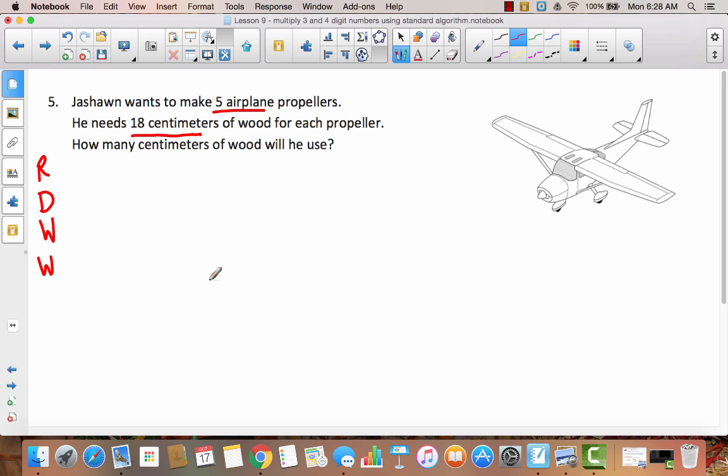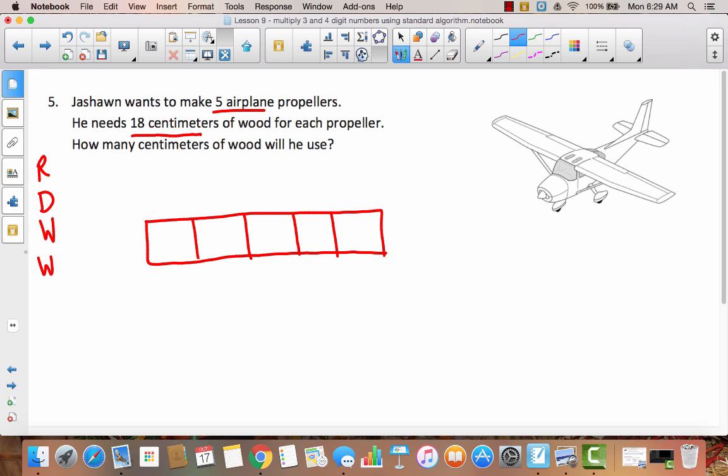So it looks like I'm going to have 5 18 centimeters. So I'm going to go ahead and draw my tape diagram here. And this is going to represent the total amount of wood that he's going to need. So since he's got 5 airplane propellers, I'm going to divide this into 5 parts.